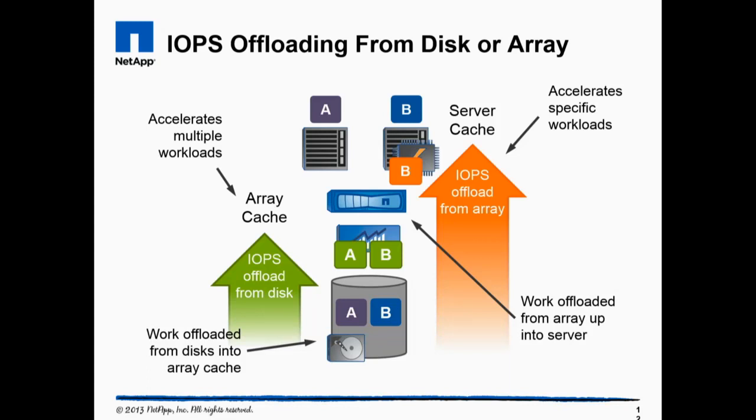So this is a way to target flash capacity at a specific application. So you can dedicate the cache to that application and get the performance improvement to occur exactly where you want it. So these are some things to consider operationally in the difference between these caching technologies and when you should use one or the other. It's not just about the performance they deliver, but also about the effect that they have in the environment.